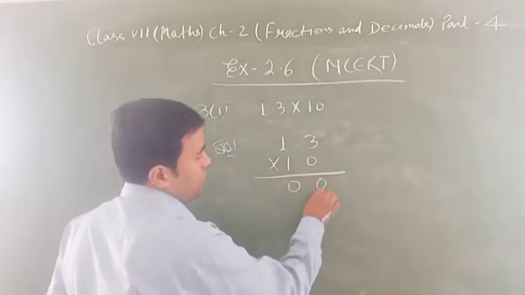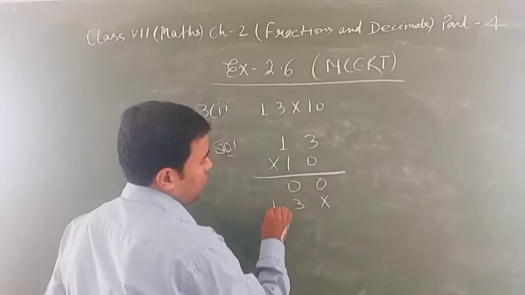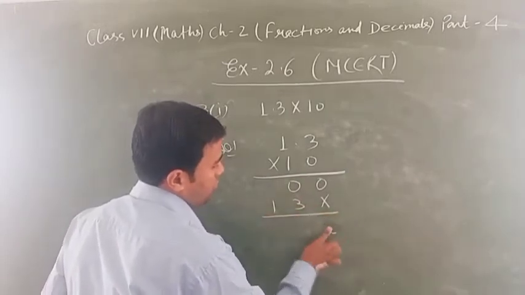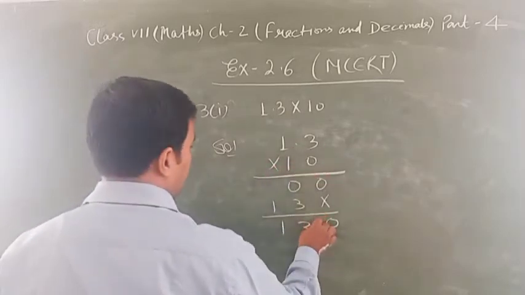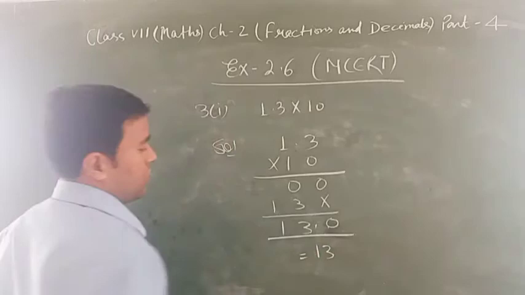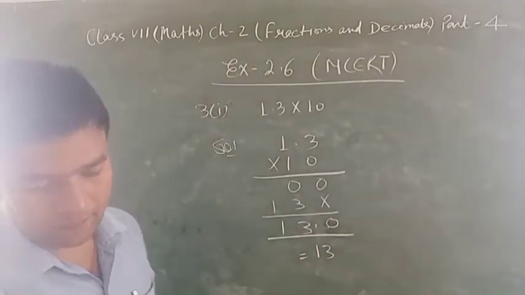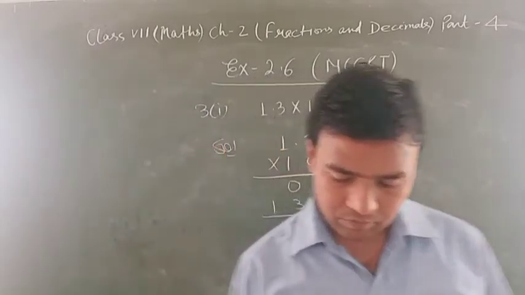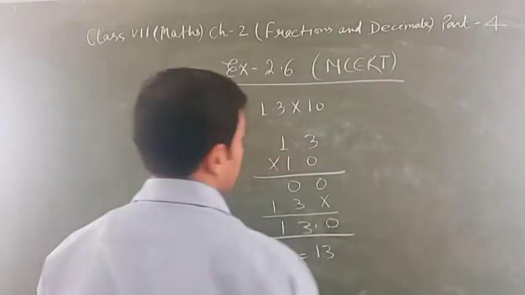After that from 1 left one number, 1 three is 3, 1 one is 1, 0, 3, 1. After point 1 number means 13. 13 is the answer. Clear? One more.